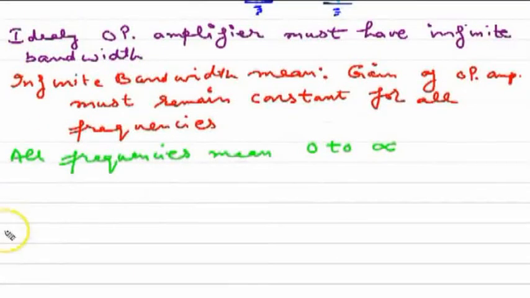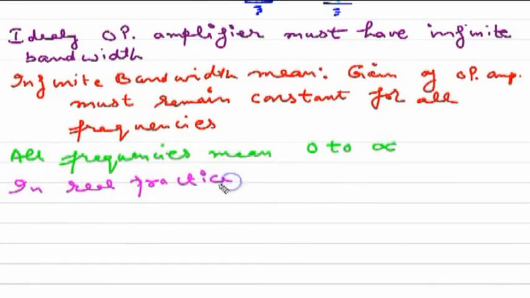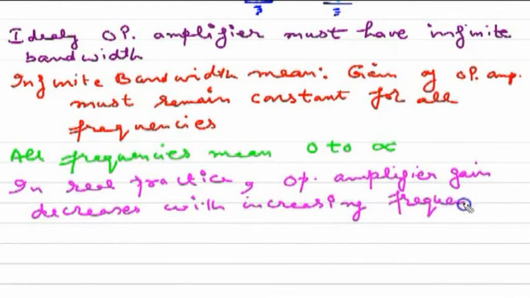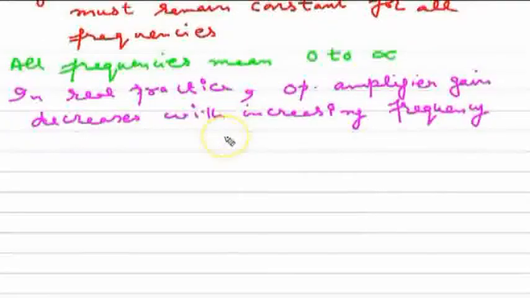In real practice, op amplifier gain decreases with increasing frequency. Now there is a special word, that is called roll off.